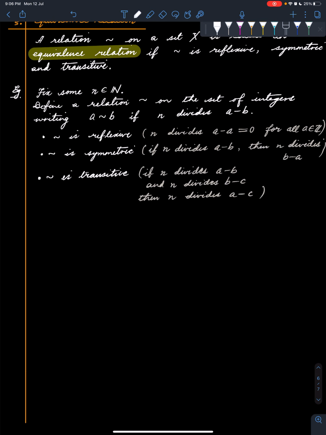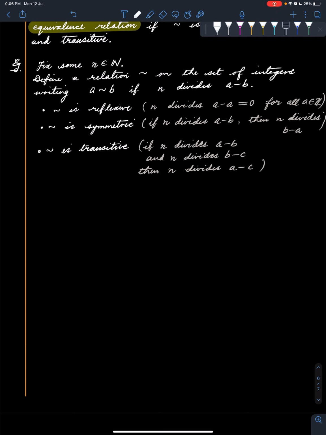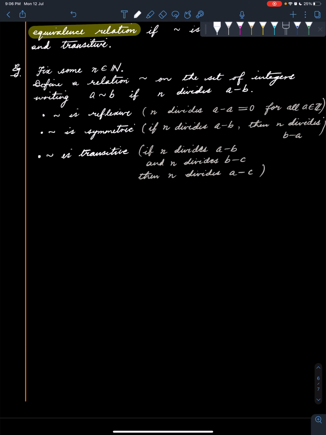Okay, so now here is one very nice fact. So I need a definition. Let X be any set.